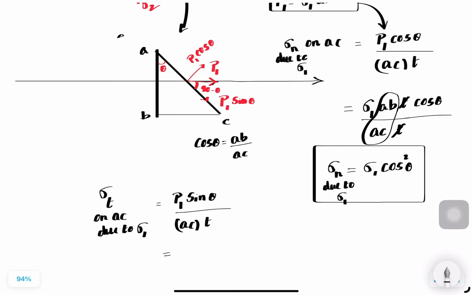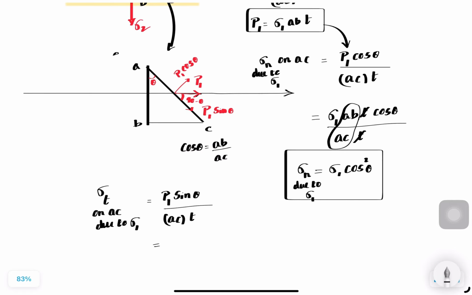Okay, so we know what is the value of P1. Mathematics is just like moving objects. It is sigma 1 into AB into thickness, so it is sigma 1 into AB into thickness into sine theta divided by AC into thickness.